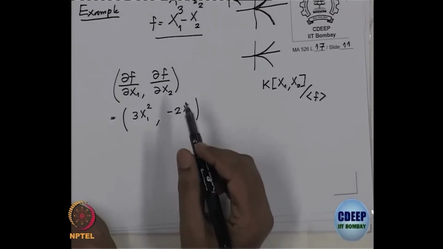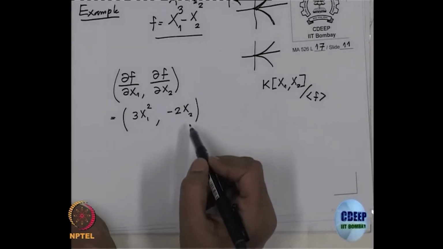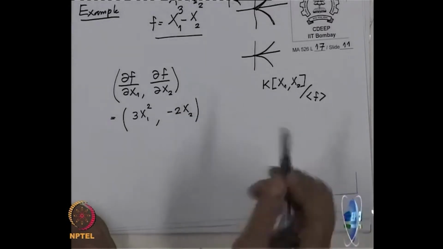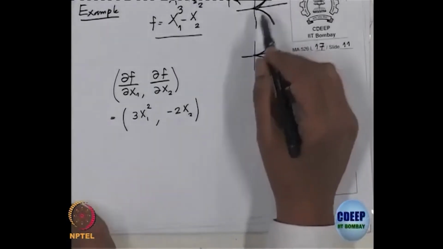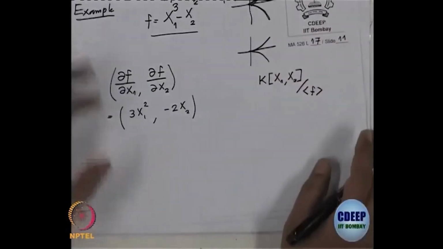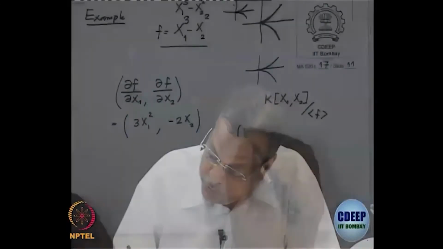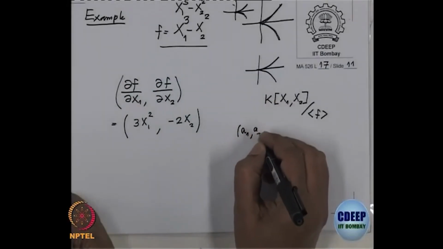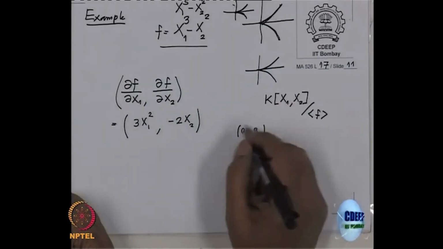So we are now looking for solutions. Let's also assume, if you want to assume, algebraically closed, or it's not necessary. So let us take a point, we are testing whether the point (a1, a2) is singular or not.